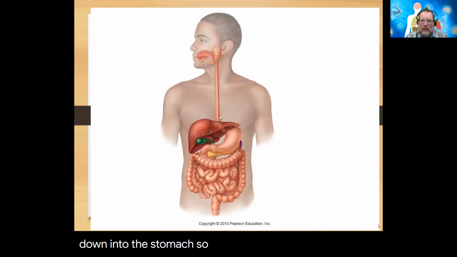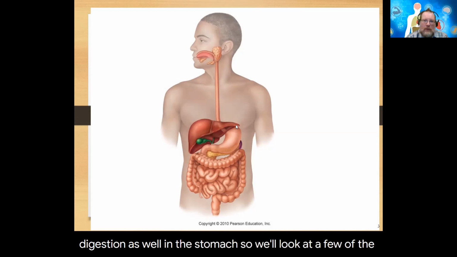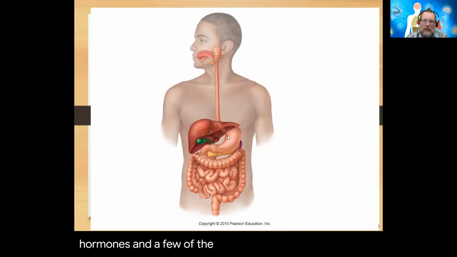So that is the upper digestive tract from mouth to stomach. Once we're in the stomach, we're going to see the continuation of chemical and mechanical digestion. We do start some protein digestion in the stomach as well. We'll look at a few of the hormones and a few of the chemicals involved with the stomach, and a few with the salivary glands, the accessory glands.